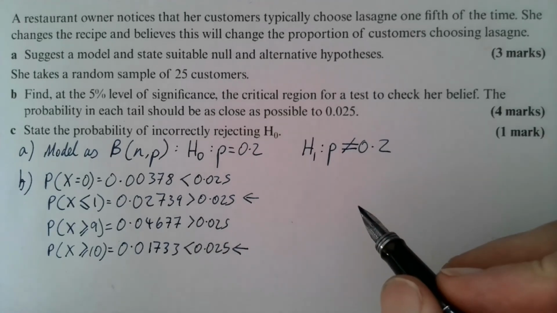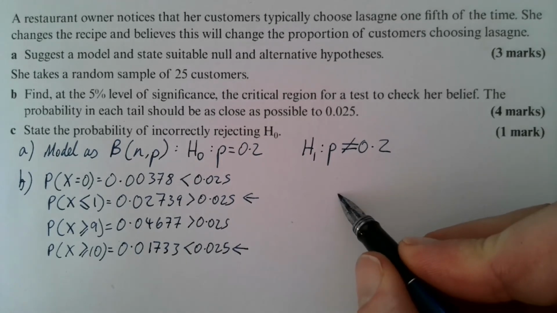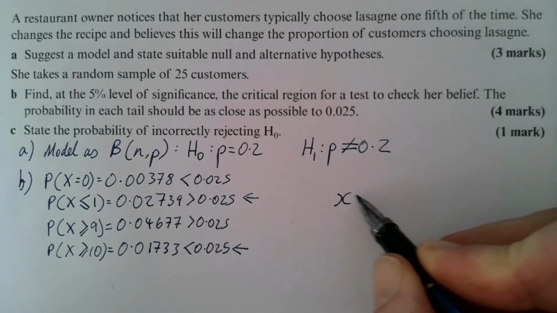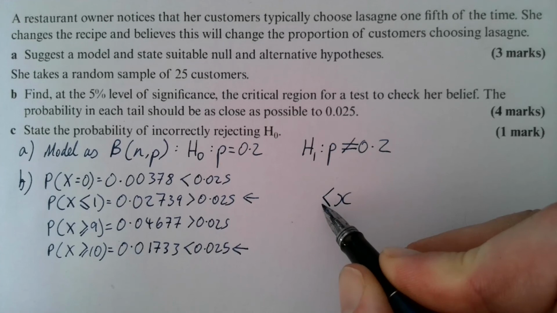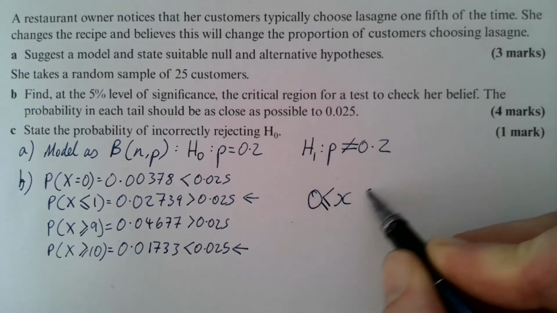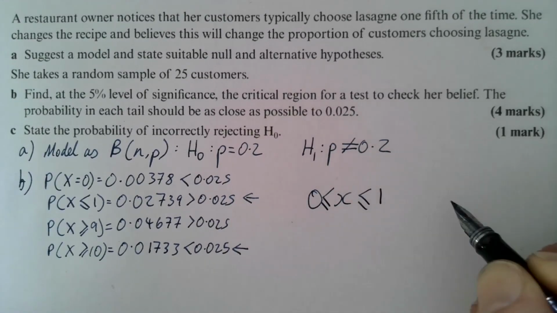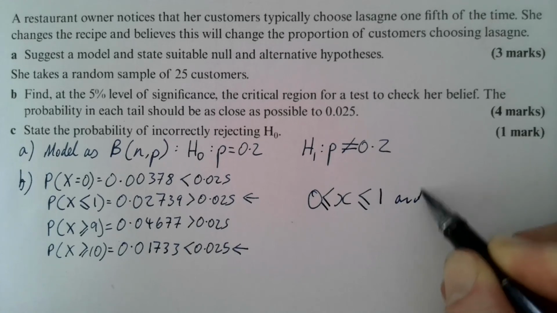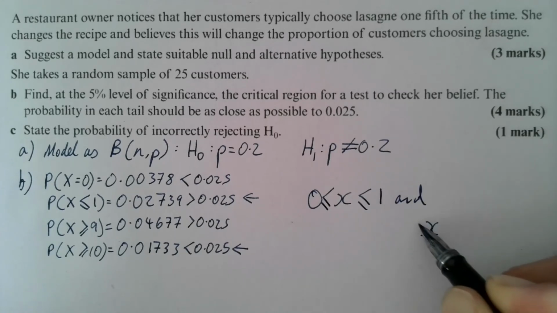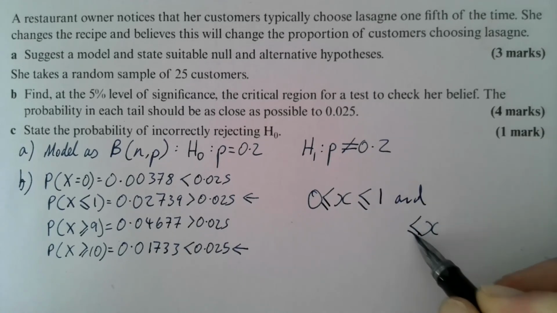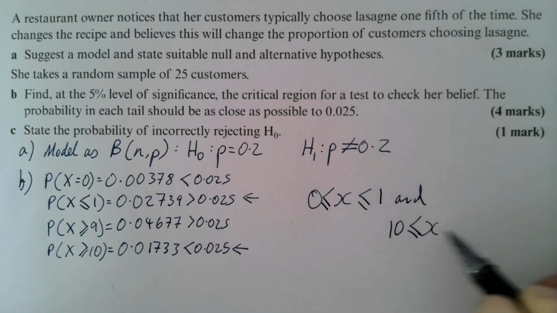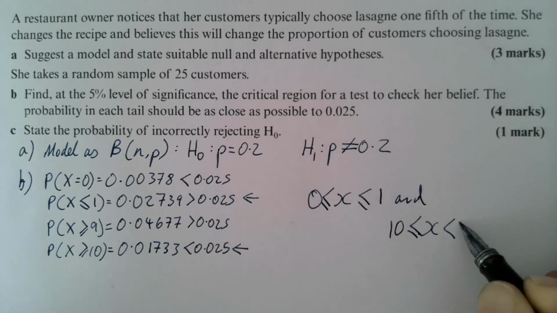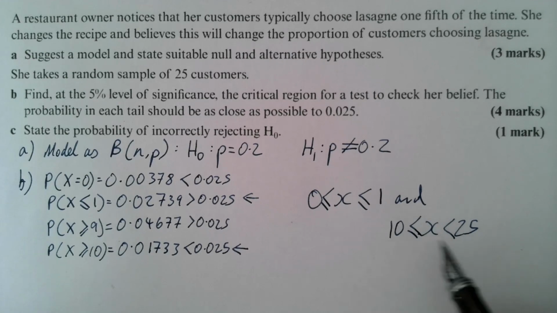So that means that your regions should then look like being between 0 and 1, and being between 10 and 25.